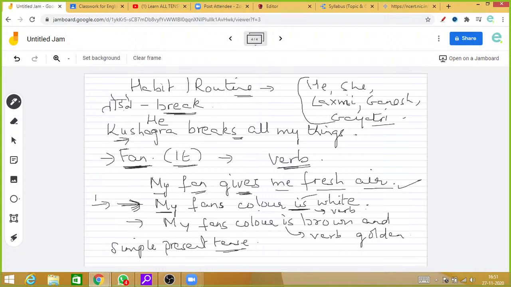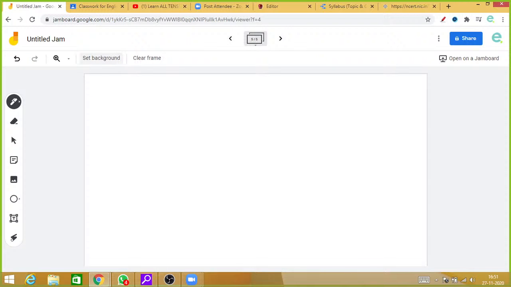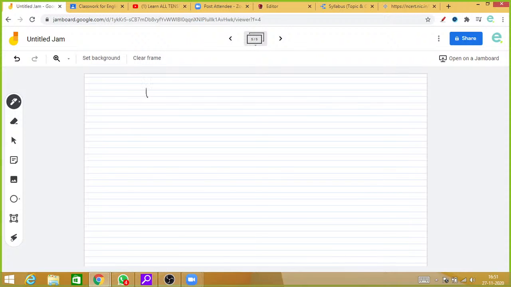We can also give a fact without that, say for example, fans, we won't say that. Fan, it. Let's try to make another fact. Fan looks broken. So it could be broken. It is a fact about a fan that you are saying.